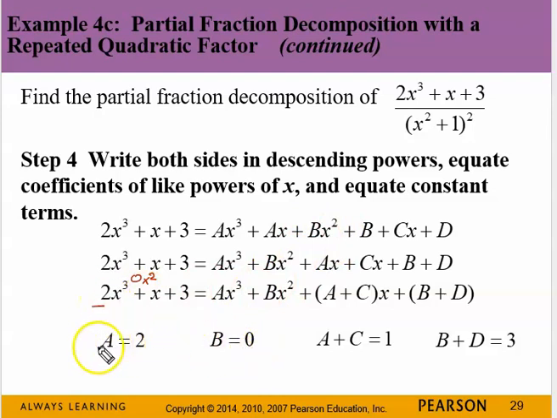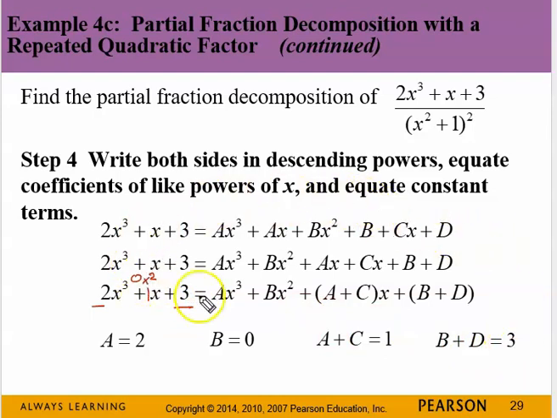Our a value is going to be a 2. And then our a plus c value is going to be a 1 here. And then our b plus d is going to be a 3.